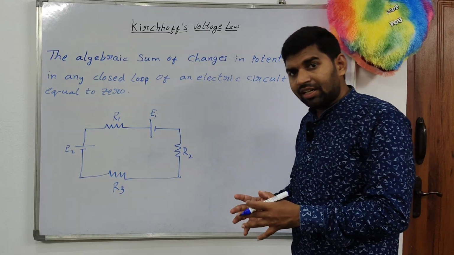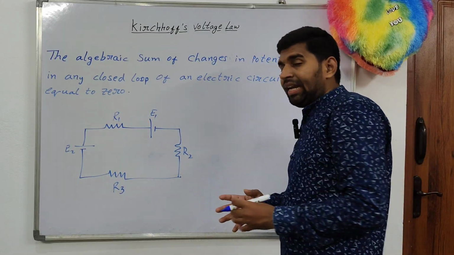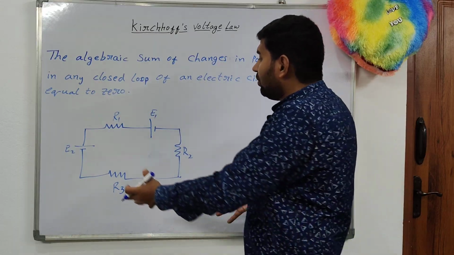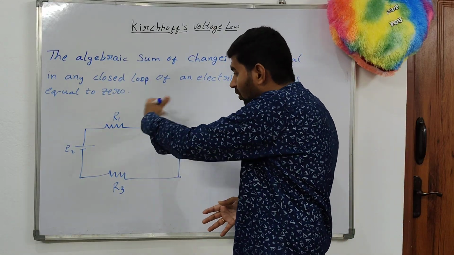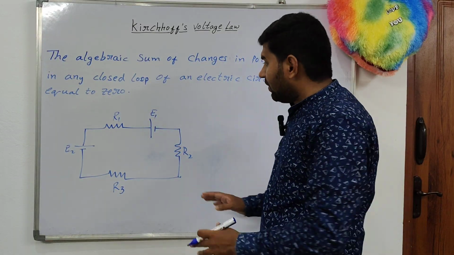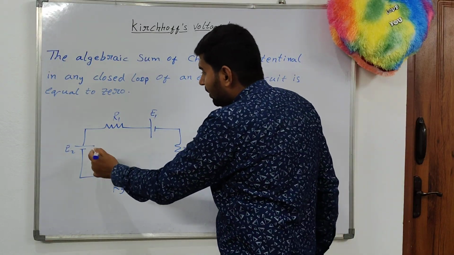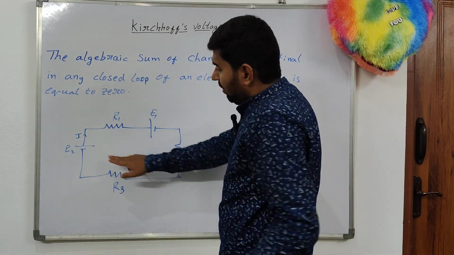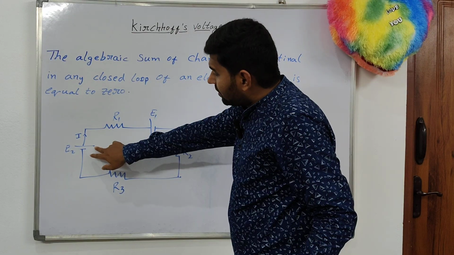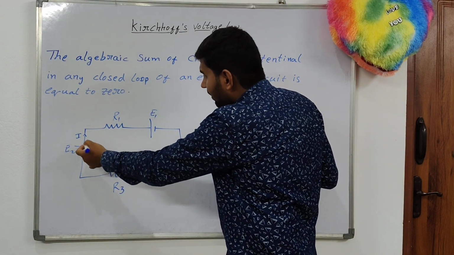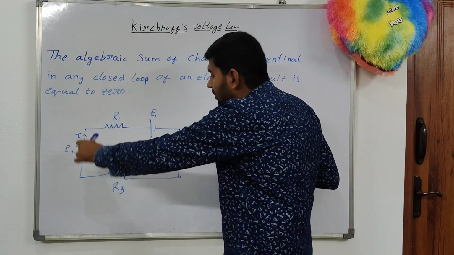First of all, you have to check whether this is a loop or not. In an electric circuit, in simple terms, a loop means a closed conducting path. This is a closed path, this is a closed circuit, and this is the conducting path. Suppose the current passes in the circuit from the higher potential of this cell to the lower potential of this cell, along this loop.